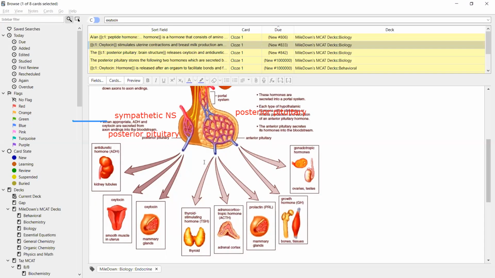And then aldosterone is from the adrenal cortex.